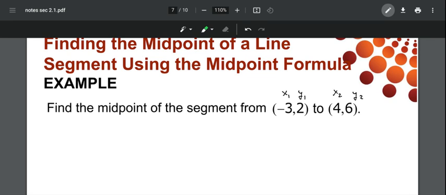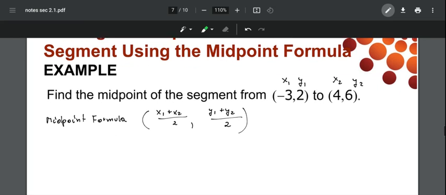And now we have to find the midpoint. So I will start with the midpoint formula: x1 plus x2 divided by 2, and y1 plus y2 divided by 2. That will give us the coordinates of the midpoint.